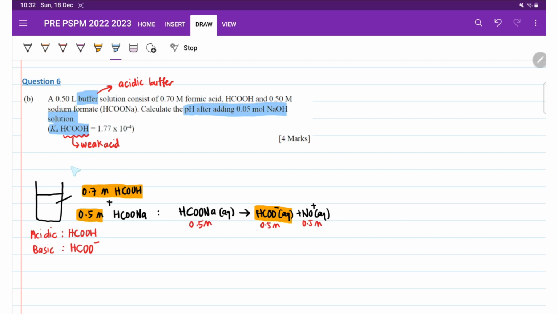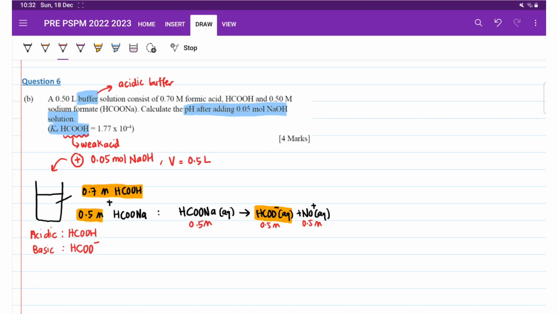Bila dekat sini, kita tambahkan, we add 0.05 mole NaOH. Okay, and we are assuming there is no change in volume. Meaning, volume kita adalah 0.5 liter. Tiada perubahan volume dekat sini. Now, kita nak tahu berapa dia punya pH.